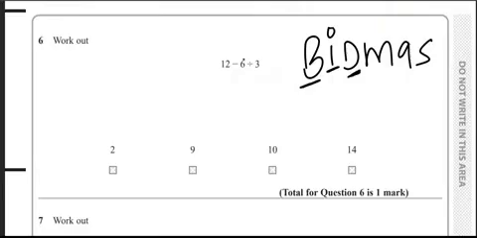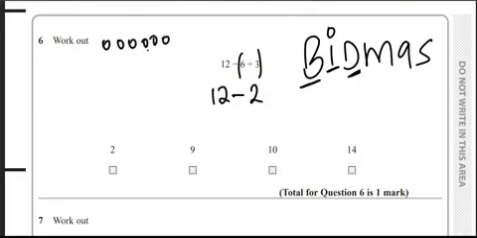I'm supposed to first work out this division. So it will be 12 minus 6 divided by 3. It is 2. It's just like having 6 balls, then you divide by 3, so you will have 2 groups. Then 12 minus 2, we have 10. You have to follow BIDMAS. Don't just do it randomly, like saying 12 minus 6, you have 6, then divide, you have 2, because you'll get the wrong answer.